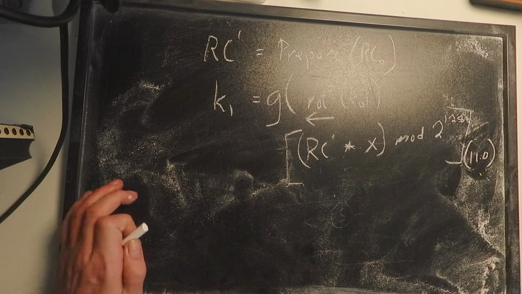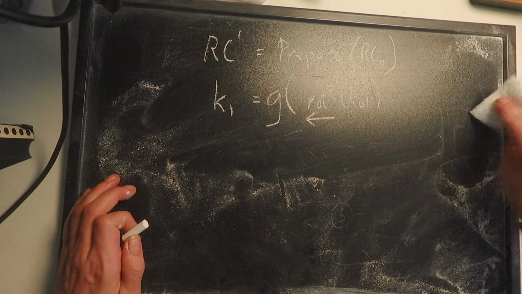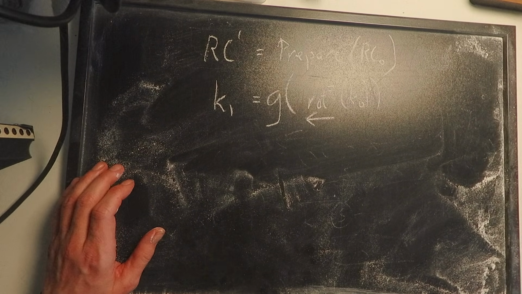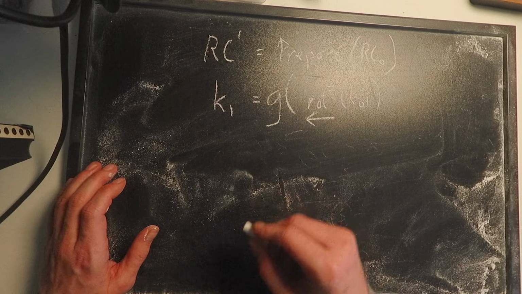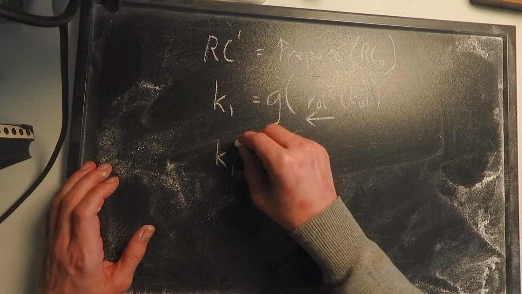No, we can't do this without an intermediate variable. So let's create one. Let's say we have a k1 prime.